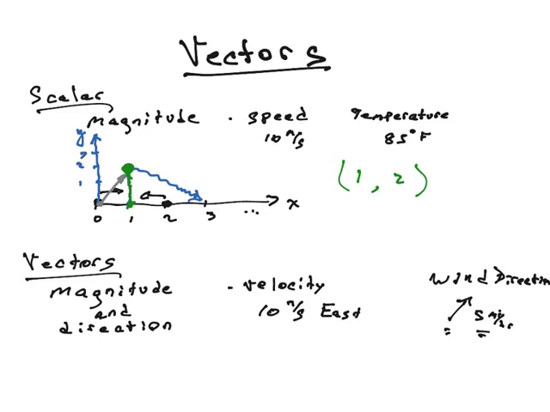Now the problem is when mathematicians invented this idea, they found that the mathematics that used to work for scalars, addition, subtraction, multiplication, things like this, don't necessarily work for vectors. We would have thought, well, math is math, adding things is adding things, and so if I want to add vectors, I just add them the same way I would add numbers.